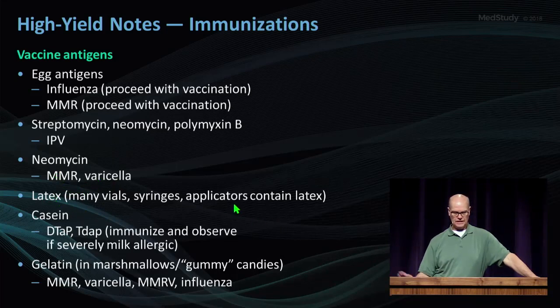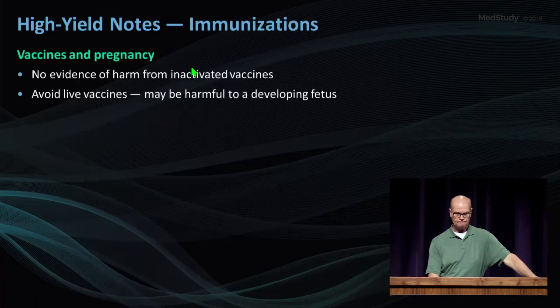Latex in some applicators and syringes, casein and gelatin, as you can see, but with the exception of a severe reaction to any of these, you can proceed with immunization.